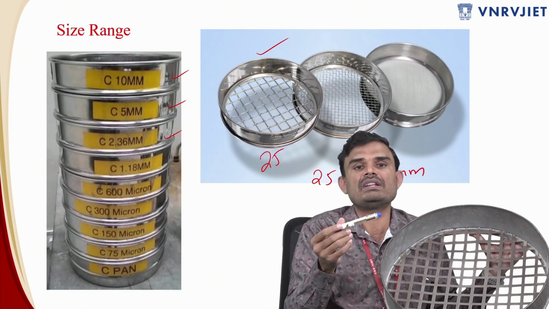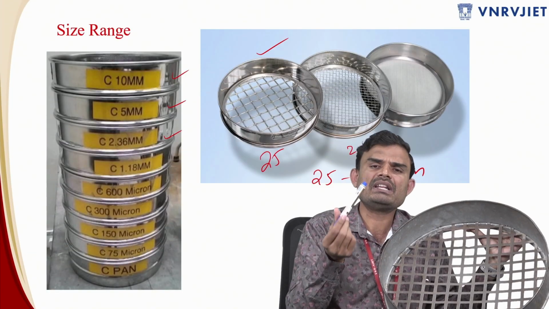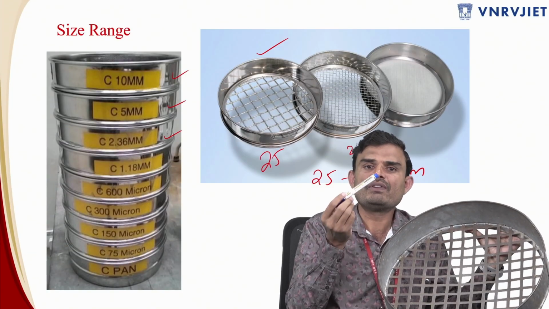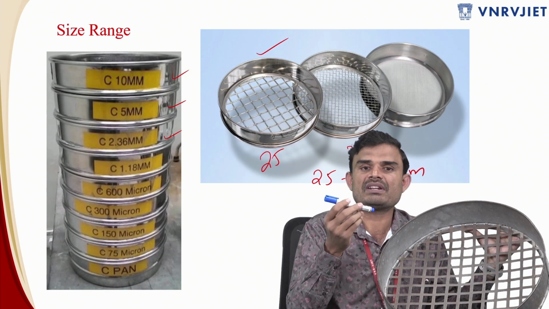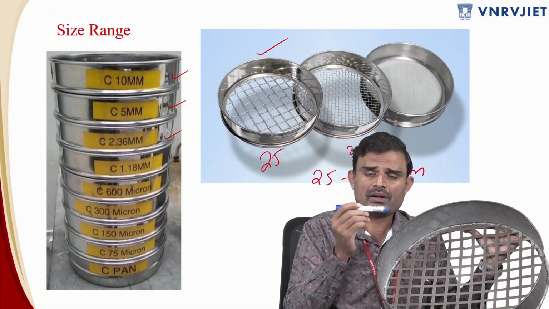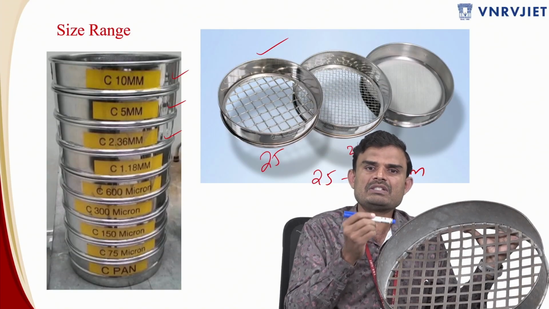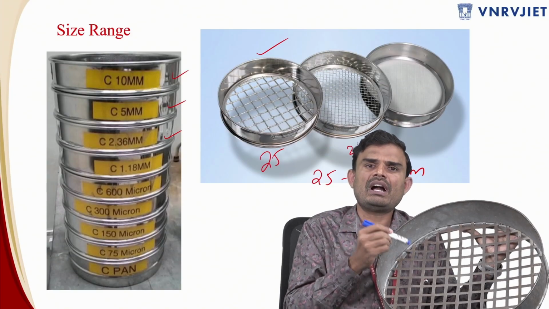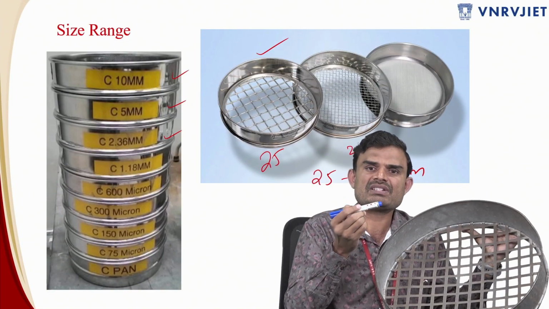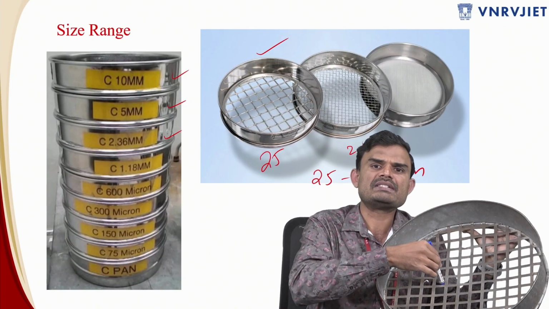If this aggregate particle is retained on the next sieve, which is the 20 mm sieve, then this particle is designated as 25 to 20 mm. But if you look at the other dimension, the longest dimension, it is much higher than the 20 mm sieve. So the point you have to remember is that if an aggregate particle passes through a sieve and is retained on the next sieve, it doesn't mean that every direction dimension is less than that top sieve size, that is, less than 25 mm.